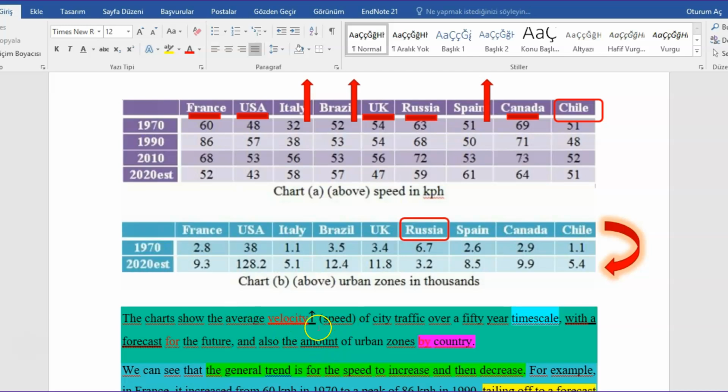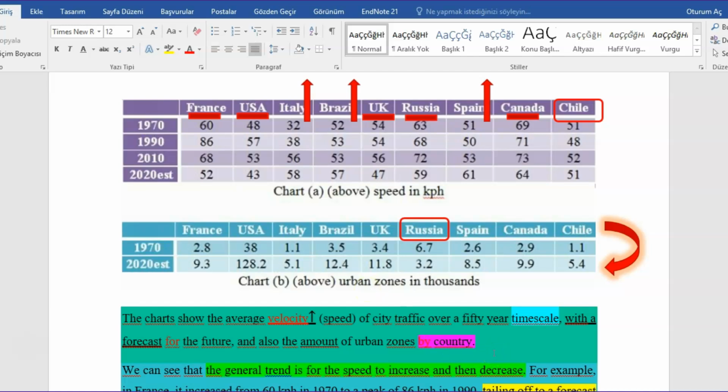Average velocity instead of speed of city traffic over a 50-year time scale from 1917 to 2020, right? Great paraphrase with a forecast, because we have this forecast for the future, and also additionally the amount of urban zones by country.